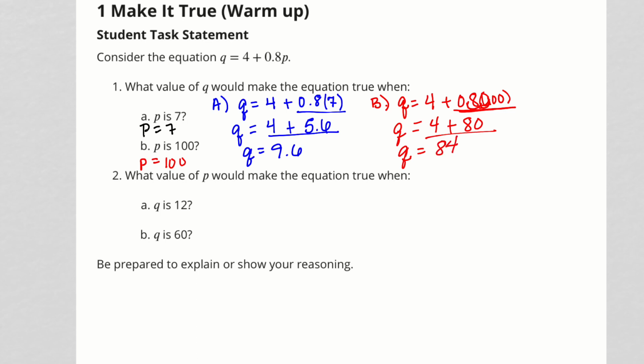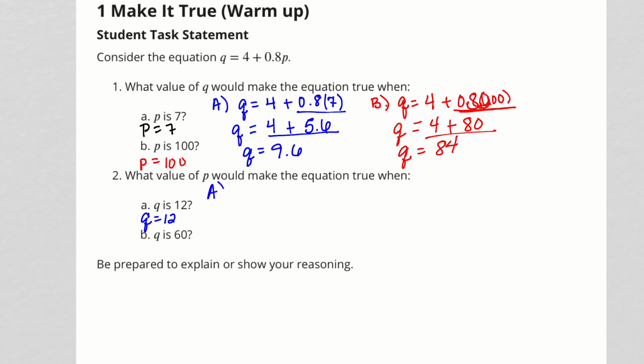All right, so this next one, what value of P would make the equation true when Q is 12? So now we're going to start with changing the Q. We have Q equals 12.